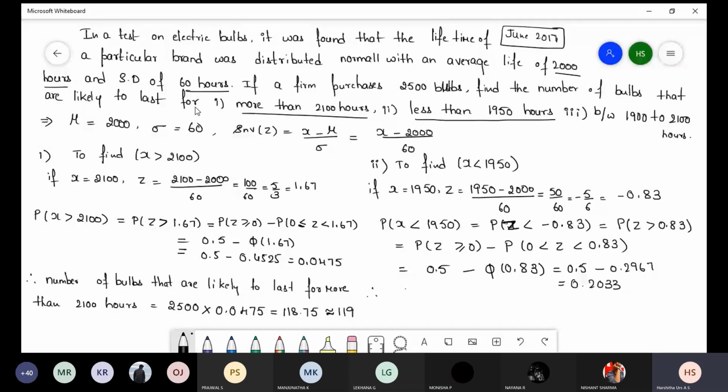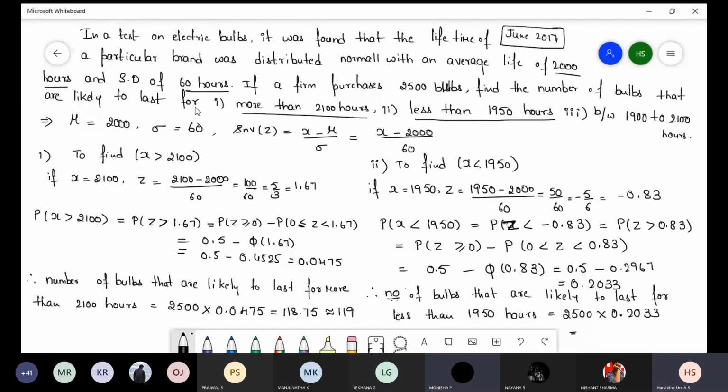The number of bulbs likely to last for less than 1950 hours is 2500 into 0.2033, which is 508.25. With approximation we can write 508.